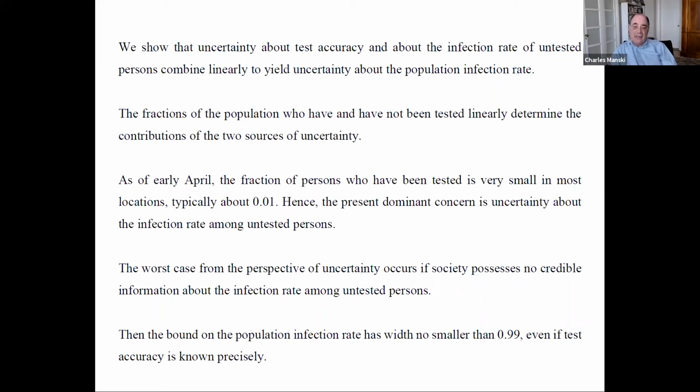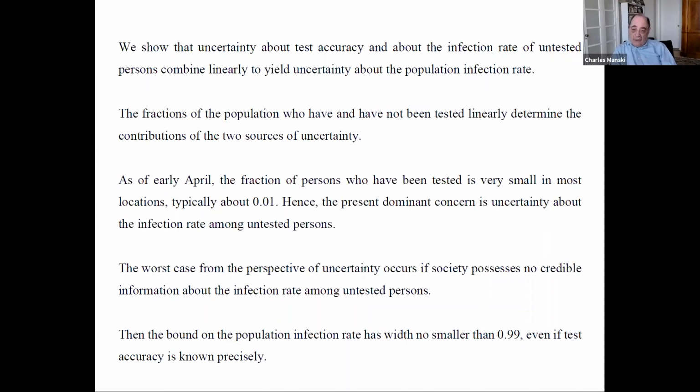For right now, as of the middle of April, the dominant issue really is the fraction of people who have not been tested, because as I said at the beginning, the fraction who have been tested is really only about 1%. I'll give more specific statistics for a few places in a moment, but it's just about 1%. So there's about 99% of people who have not been tested.